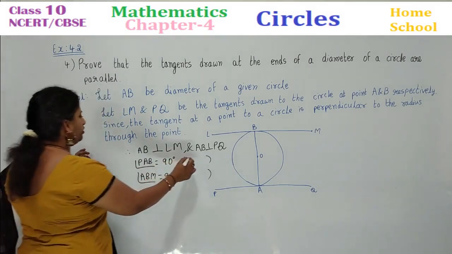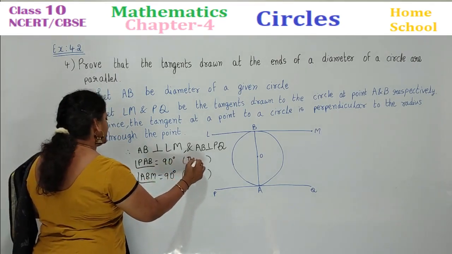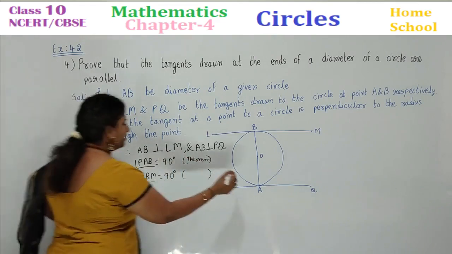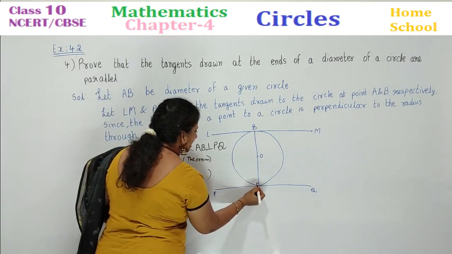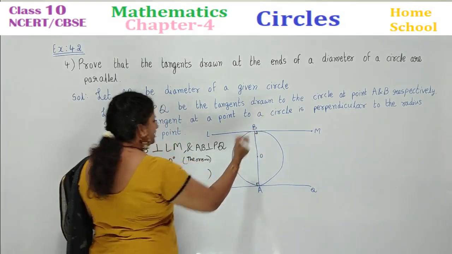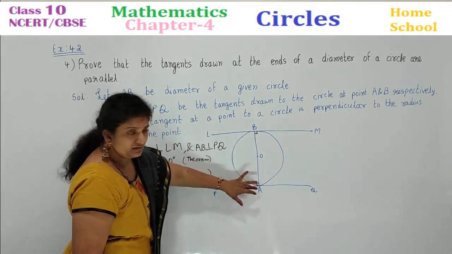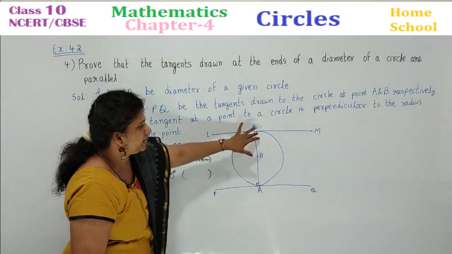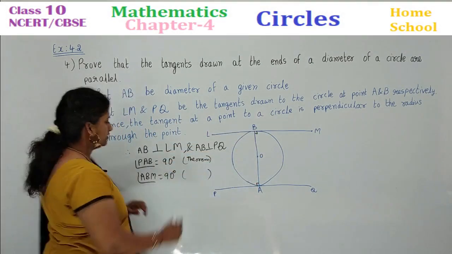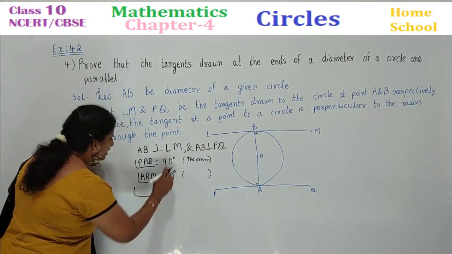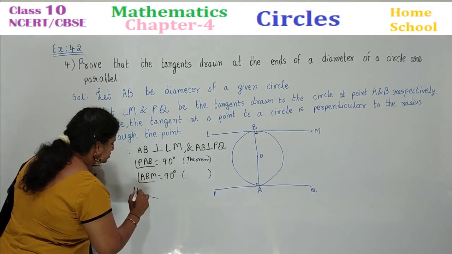Now, we know or given by theorem, you can write if you want. Now look here, I am saying this angle and this is 90. So now what can I say? Same line, right? Opposite alternate angles. So I can say that 90 equals 90, I can equate these two.